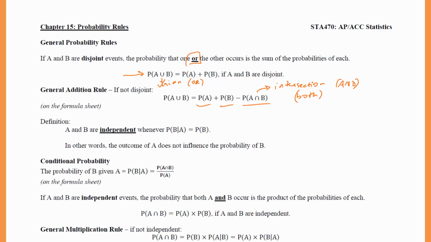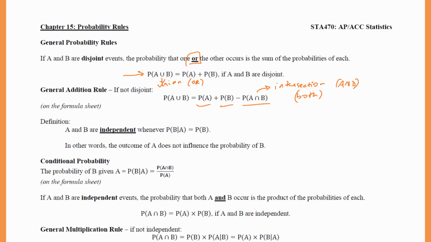But if they are not disjoint, if they're not mutually exclusive, then you have some intersection, and you need to subtract it off, not because you don't want to count it at all, but because you don't want to count it twice. You actually do want to count it once, because a union, an or, allows them to be both happening.